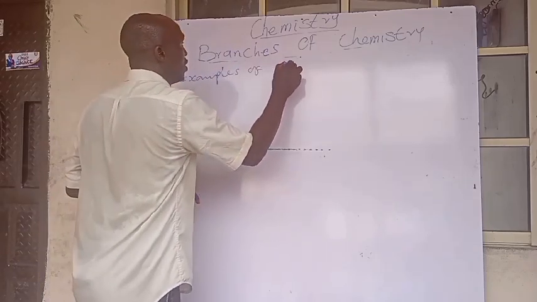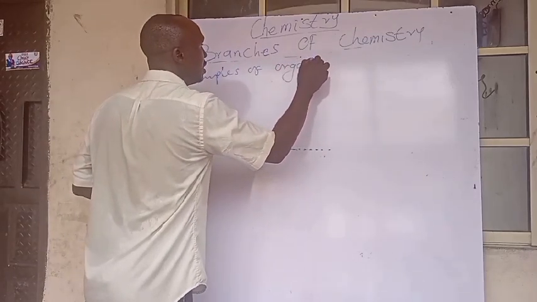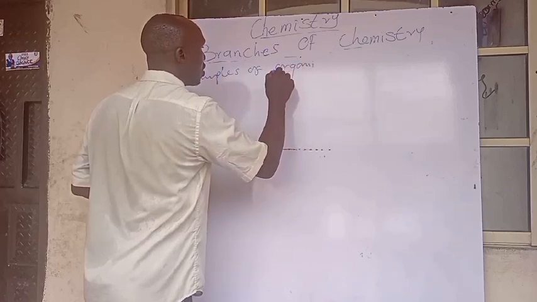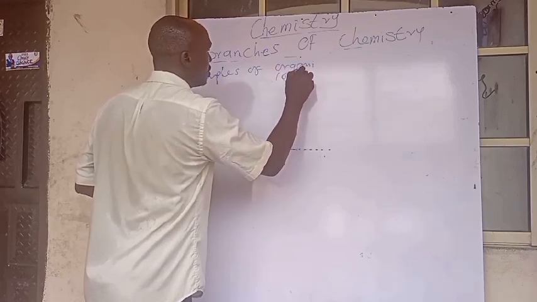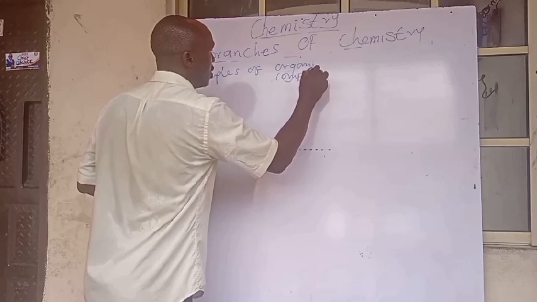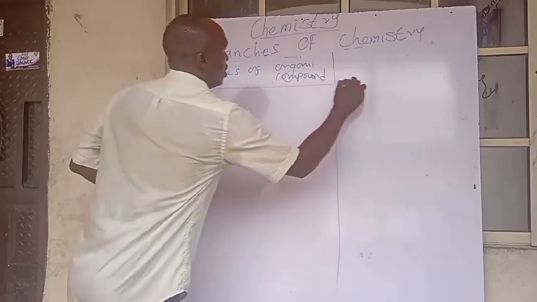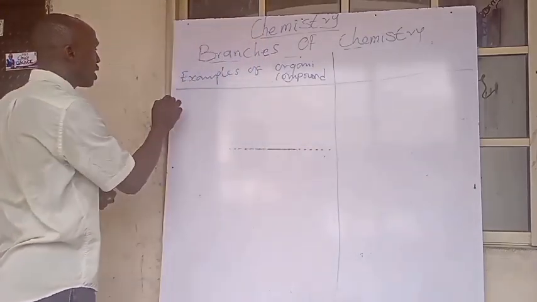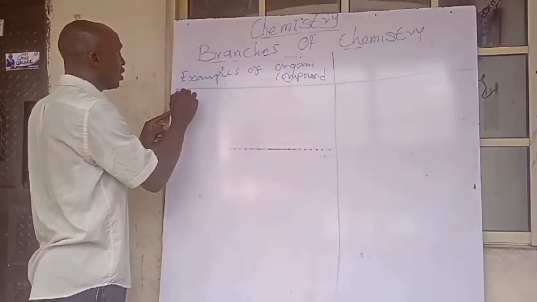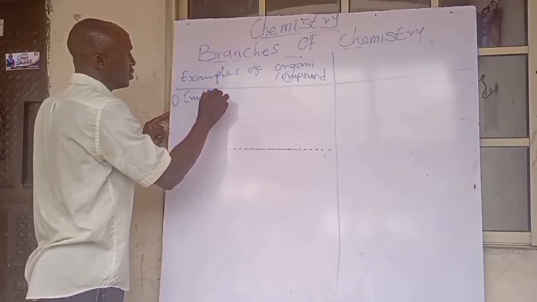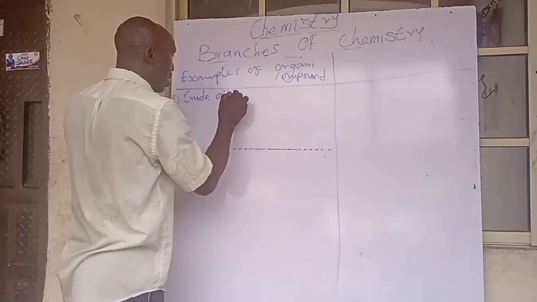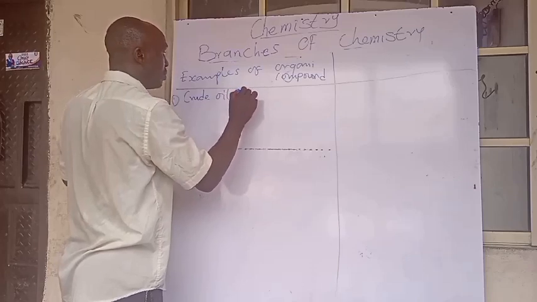of organic compounds. Let's look at number one, where we talk about crude oil, where we can get our petroleum.